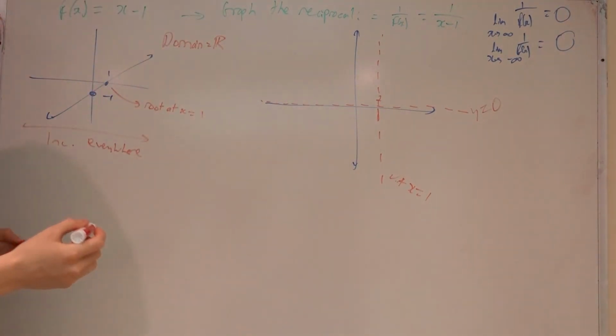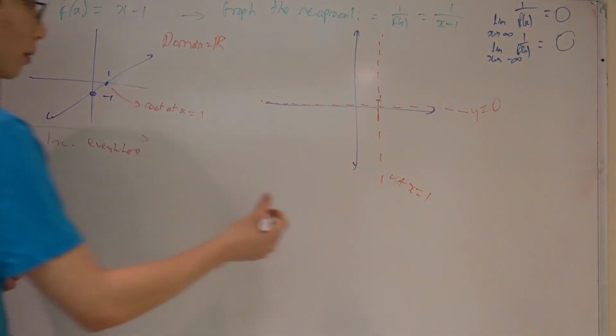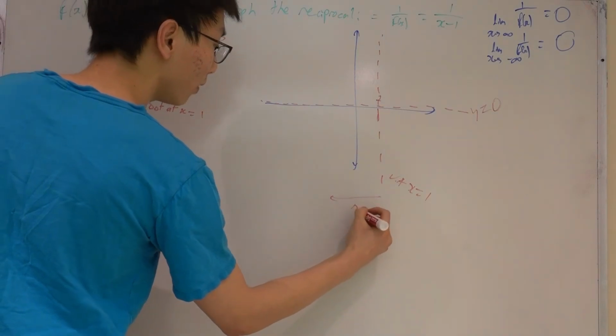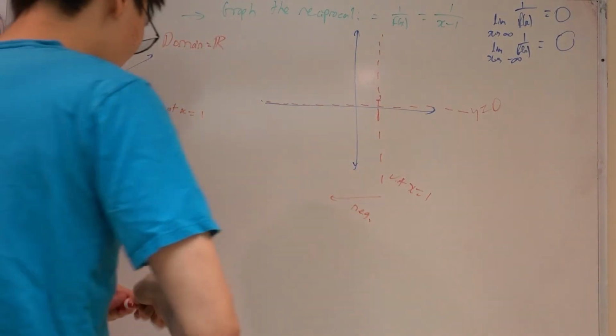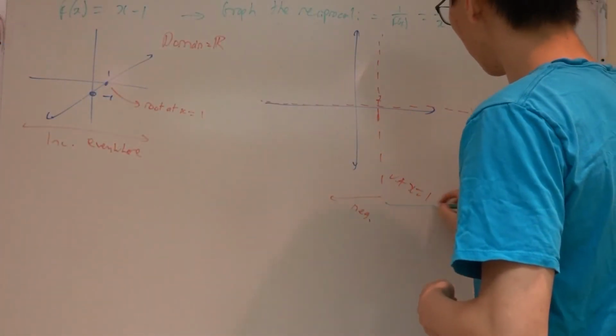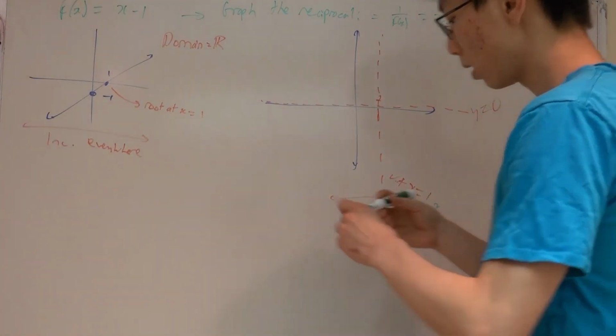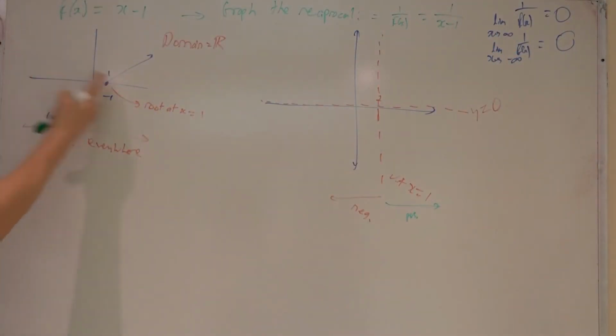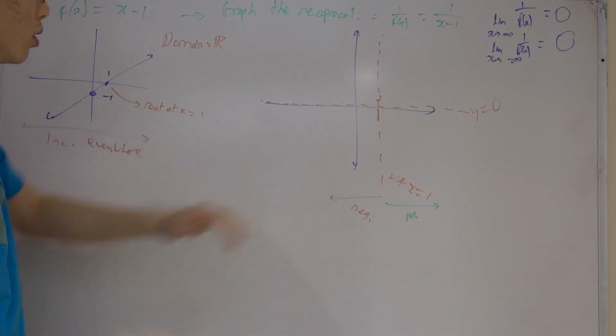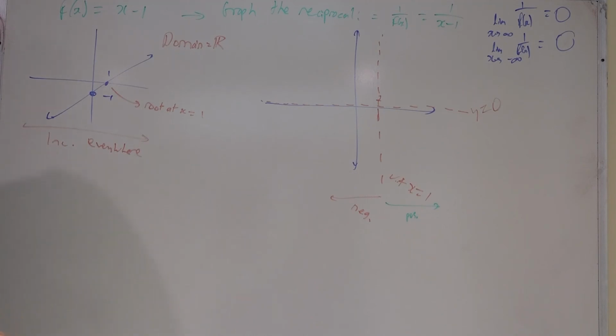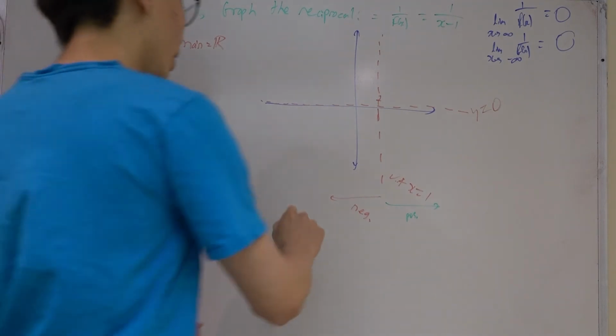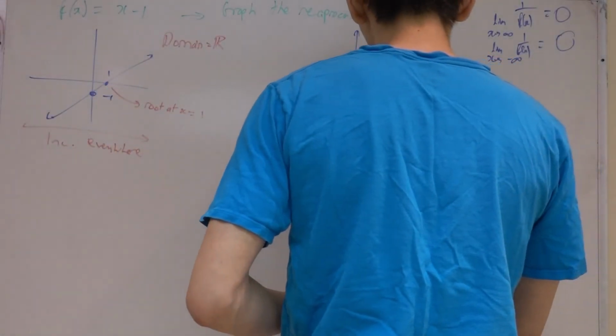And remember, here you need to be negative, and on the other side you need to be positive. That's because before 1, your function is negative, and after 1, your function is positive. So the sign is the same when you do the reciprocal function. Now, we notice here that it's increasing everywhere, which means that over here, we have to be decreasing everywhere.